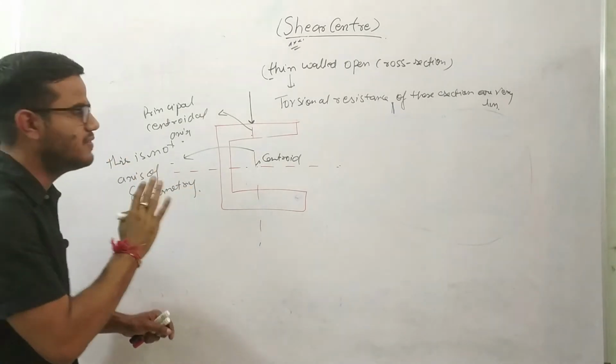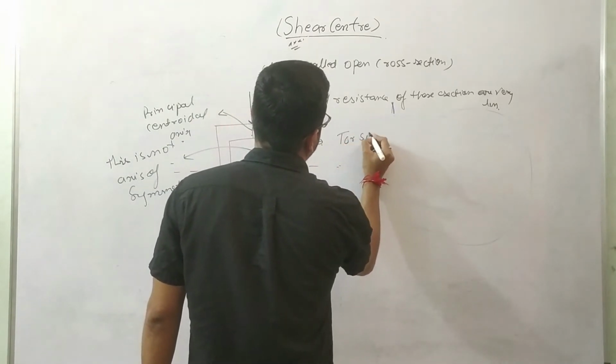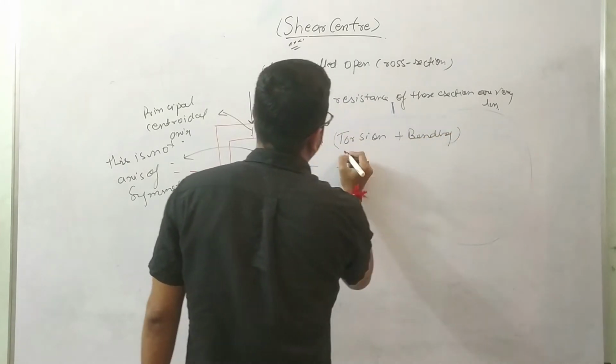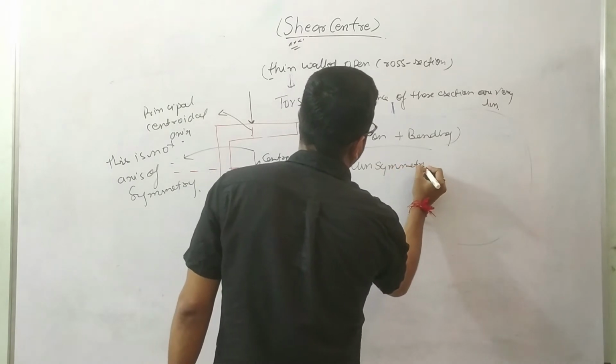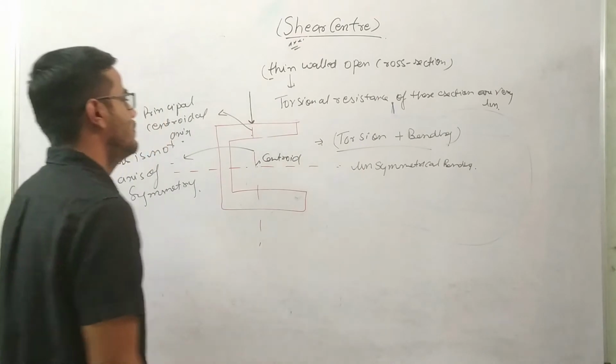in this type of condition, we'll have torsion plus bending. This is an example of unsymmetrical bending, where we'll have torsion plus bending.